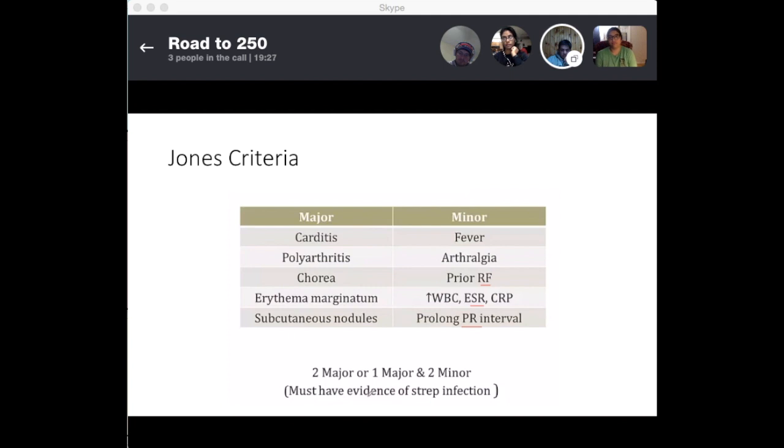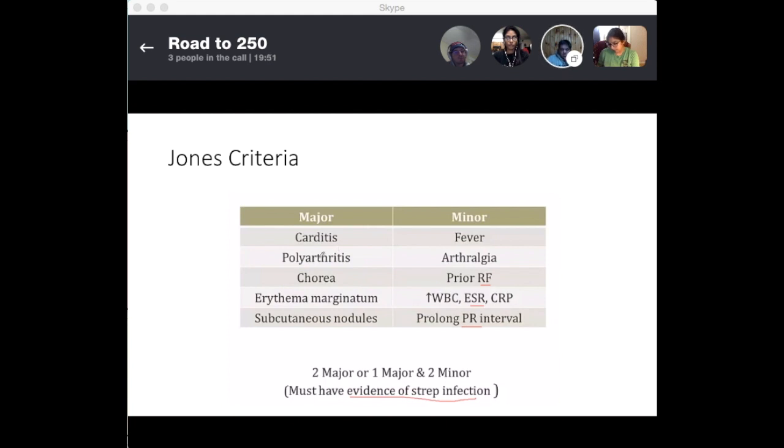For the major criteria, we'll go through them in detail, but you also need to have evidence of strep infection. So you're going to look for elevated ASO or anti-DNase B titers in a patient. That will give you the evidence of a strep infection.